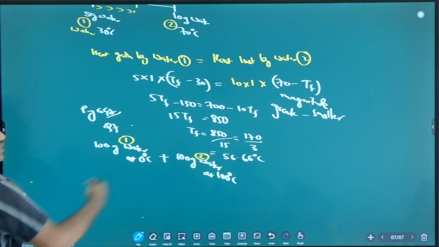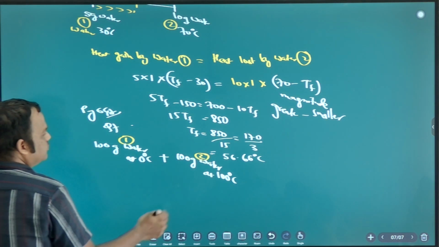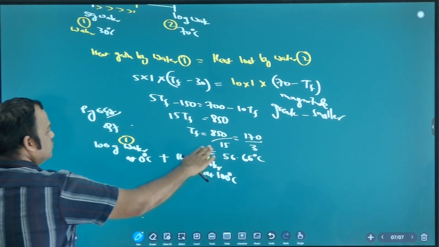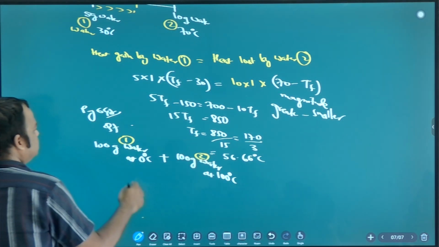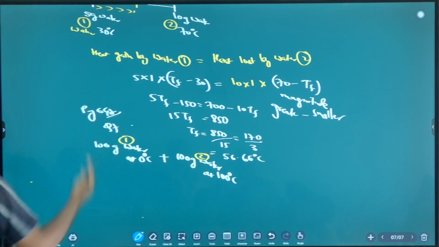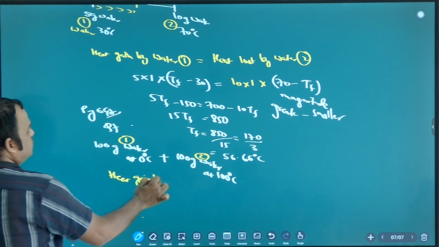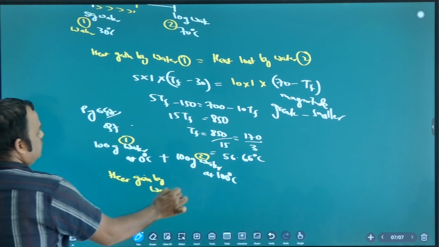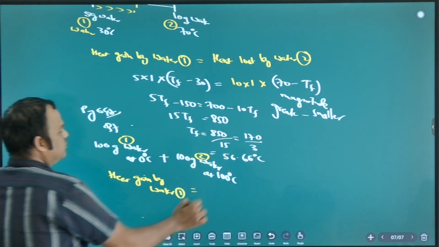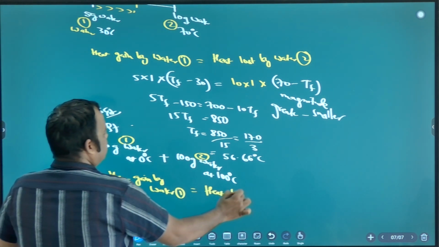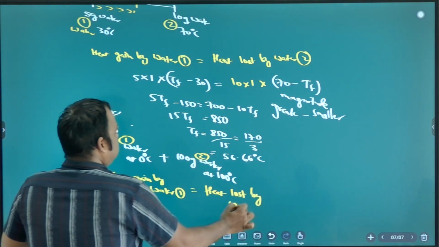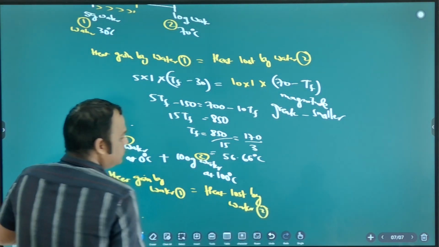Who will lose heat? Water 2 will lose heat. Water 1 will gain heat. So heat gained by water 1 is equal to heat lost by water 2.